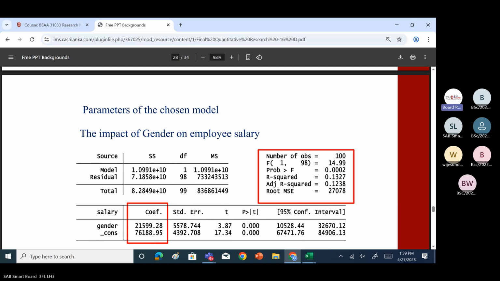You all have access to 16 CD past paper, recent past paper. Research method past paper.